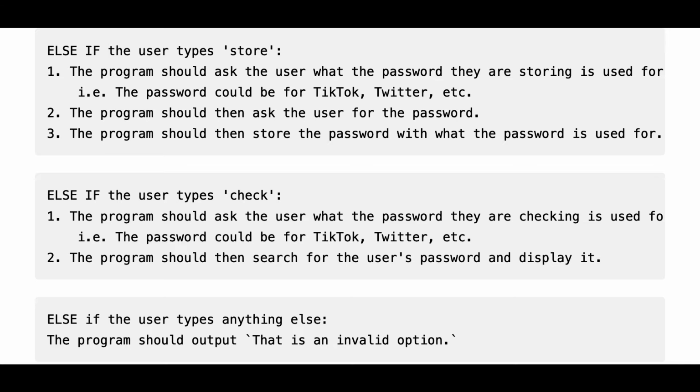In the second condition, our check condition, we'll be asking the user what the password they'd like to check for is used for. So basically, what platform is the password you're looking for? If I'm looking for my Facebook password, I would type in Facebook. Or if I'm looking for my Netflix password, I would type in Netflix. Then after the user tells the program what the password is for, the program should check for that password.